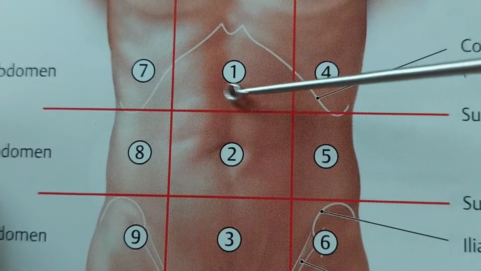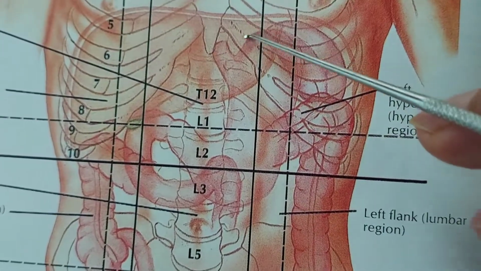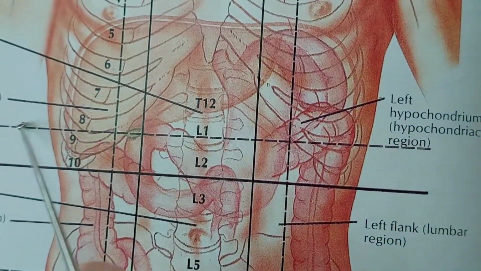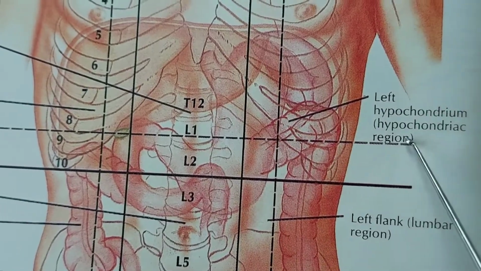This is the transpyloric line. This passes through the pylorus of the stomach. Here we see the stomach. The stomach has the cardiac end and the pyloric end. The line passes through this pylorus. This is known as the transpyloric line.